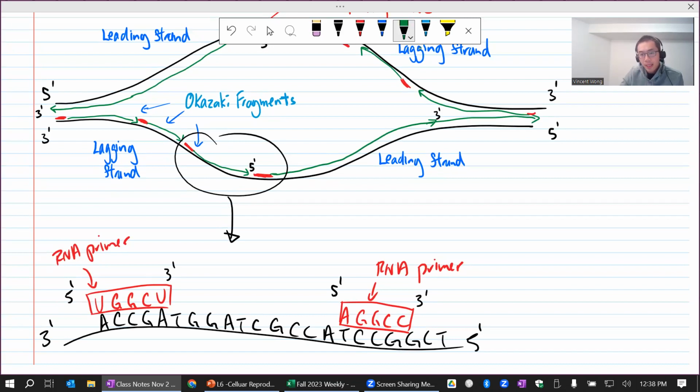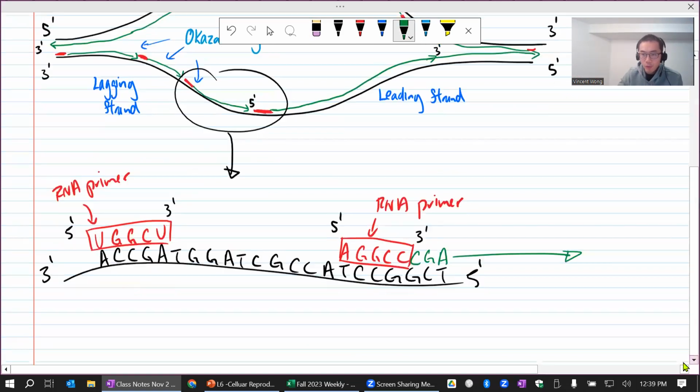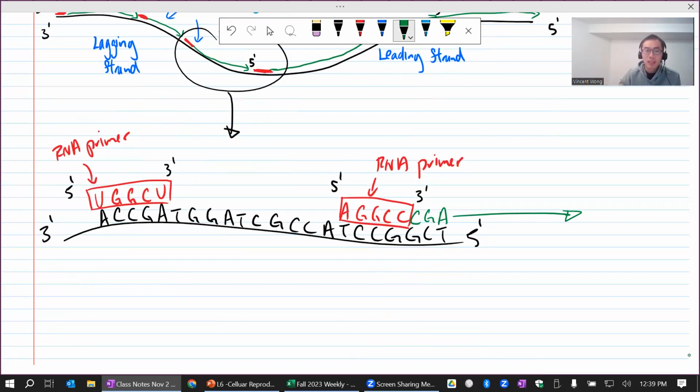So once you begin, the DNA polymerase 3 will go on and keep building, right? Again, it's not a new story yet. It's still the same thing we've learned. The next thing I'm going to tell you right now is new. So pay attention. Now you're going to have the polymerase 3 here.